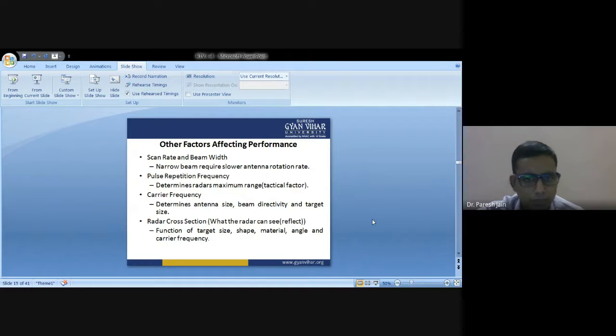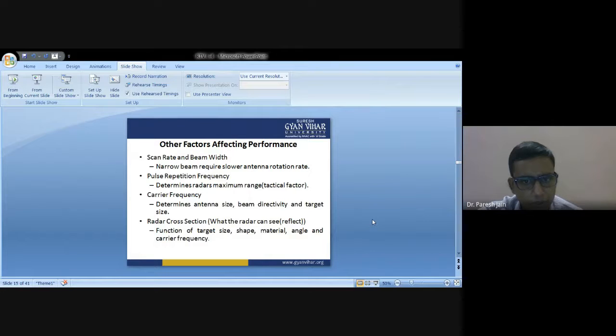Other factors affecting performance beyond the pulse factors are the scan rate and beam width. Narrow beam width requires a slower antenna rotation rate. Pulse repetition frequency determines the radar's maximum range.